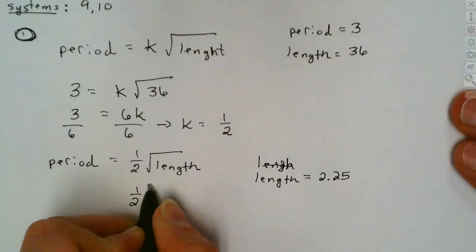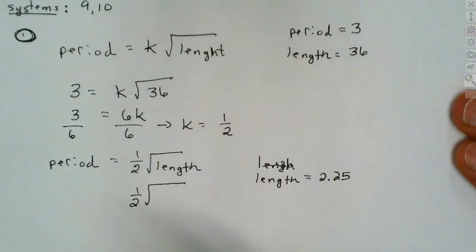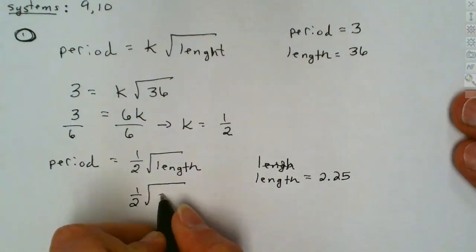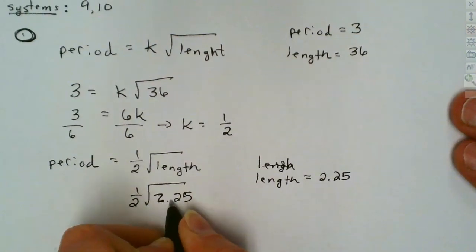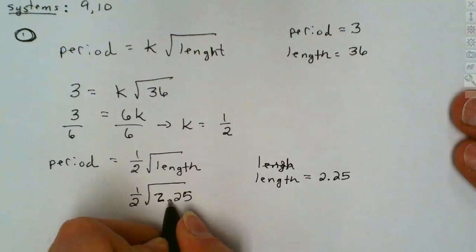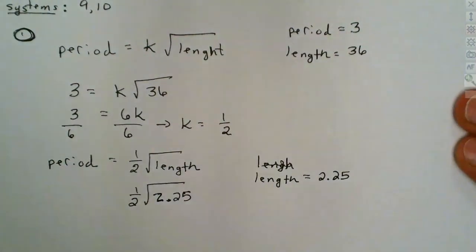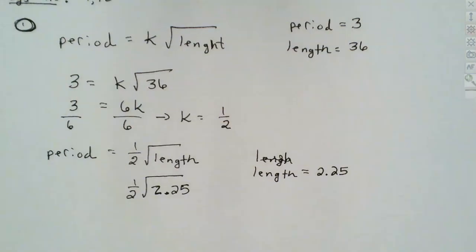And we should be able to calculate the period, how long it takes for that pendulum to swing back and forth, when the length of that pendulum is 2.25. And what happens is, the longer the pendulum, the longer it's going to take for that to swing back and forth. So as we increase the pendulum length, we increase the time it takes for the pendulum to swing back and forth.